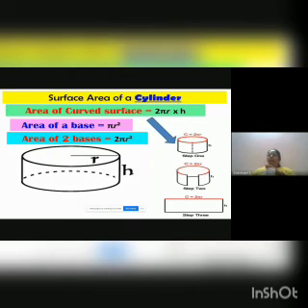Then you need to multiply it with height to get the surface area of your cylinder. Understood, children? So this is about the cylinder. So you learned three things here: the surface area of a cube, cuboid, and a cylinder.